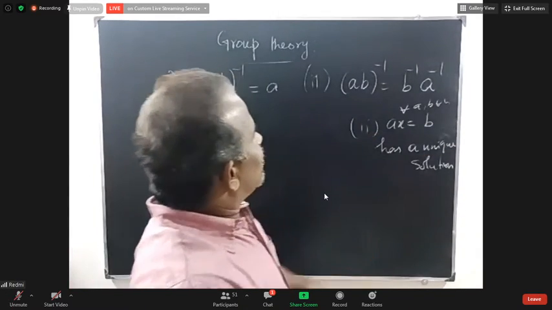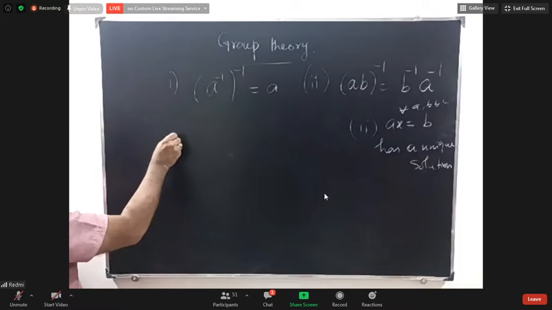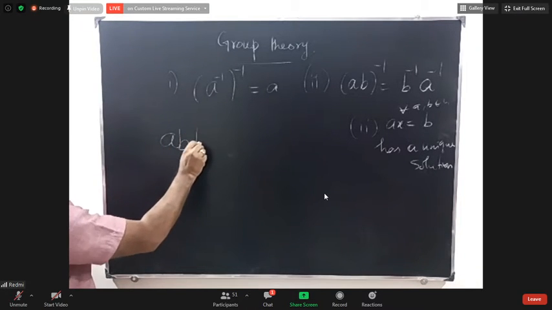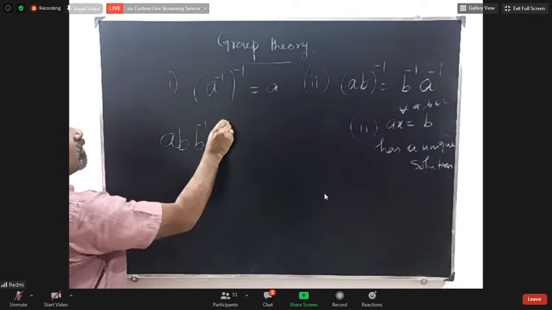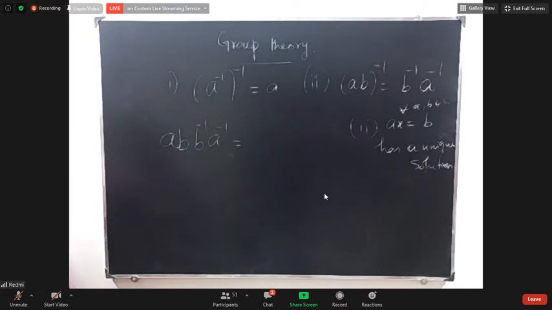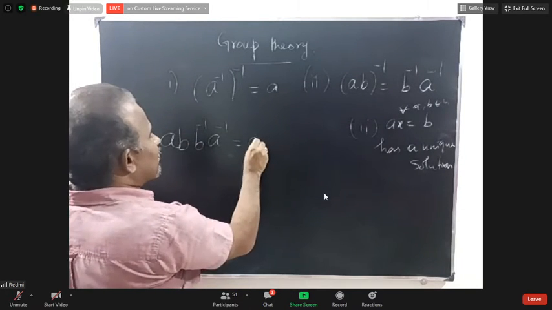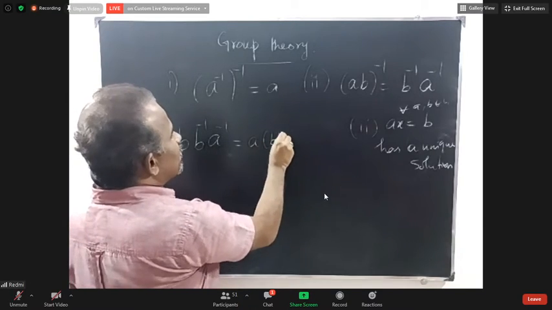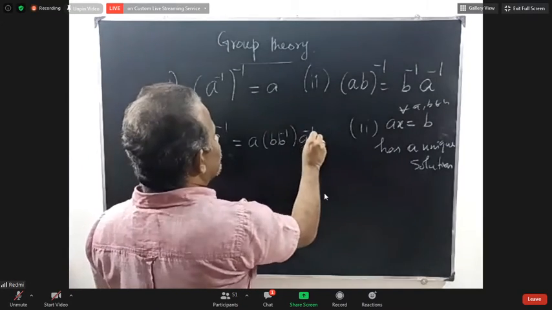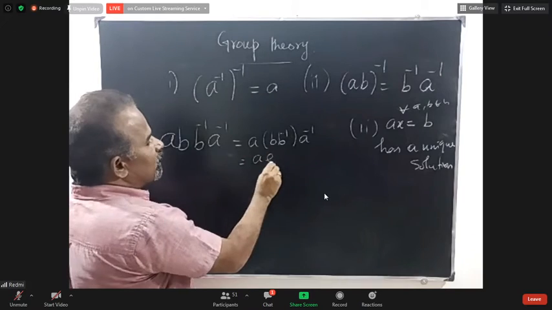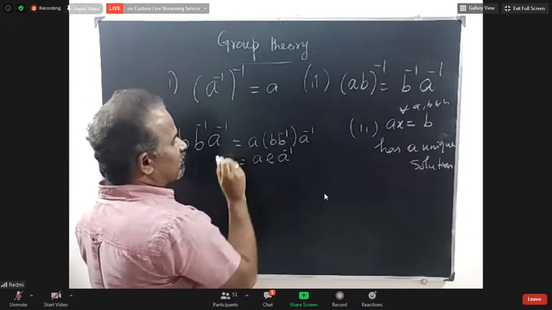So here, the second property is: AB into B inverse A inverse is equal to, by using associativity, A times B B inverse times A inverse, which is equal to A E times A inverse.